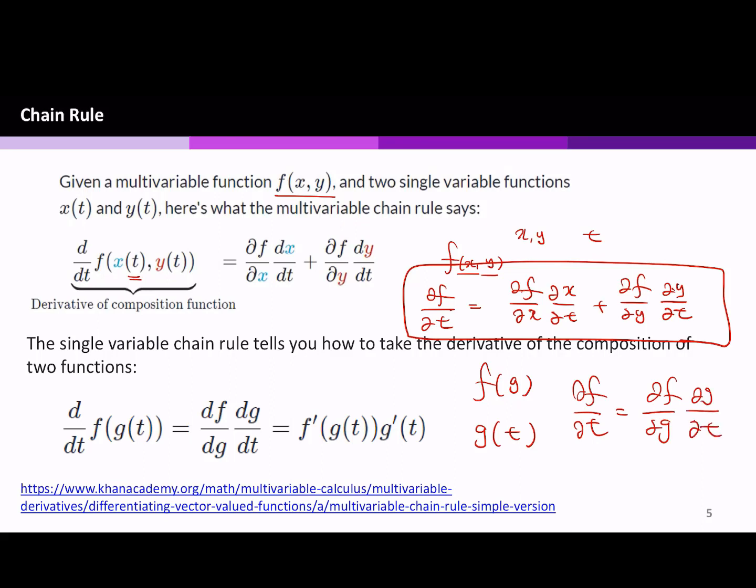We're going to use this relationship in the backpropagation process.